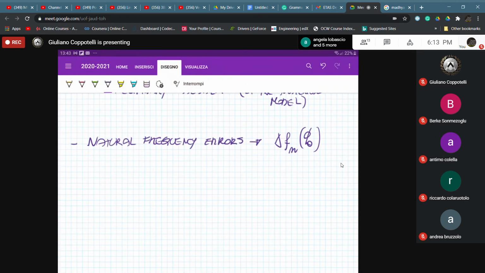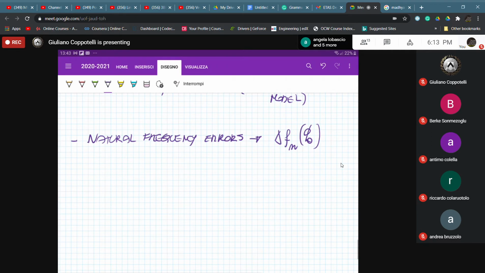But instead of using just this information, we are plotting the natural frequency. So the comparison between the natural frequencies is done, let's say, trying to find out the most of these comparisons. For example, when referring to this plot in which I put on the x-axis the experimental natural frequencies and the numerical natural frequencies on the y-axis, what is expected is that if the two models are the same, what could be the final plot?